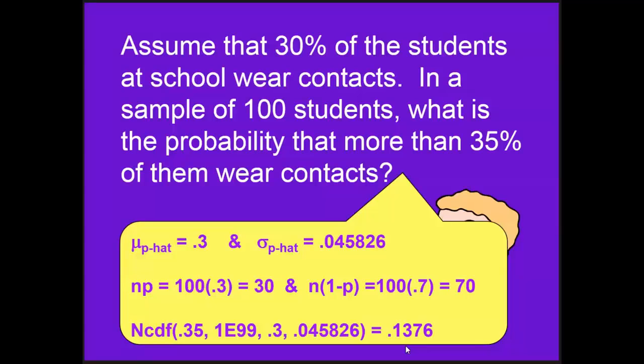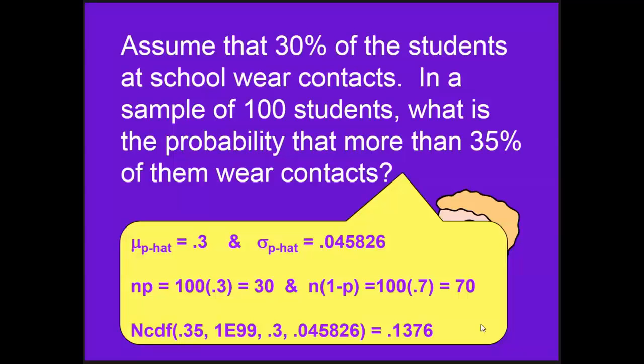Again, a lot of probabilities being thrown around in this problem, so let me make sure we get this. If I think it's 30% and someone comes up to me and says, well, no, I think it's 35%. Well, I'm going to collect some data and try to show them that I'm right and they're wrong.